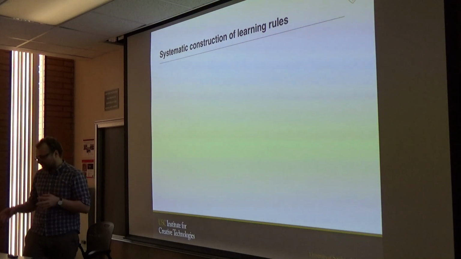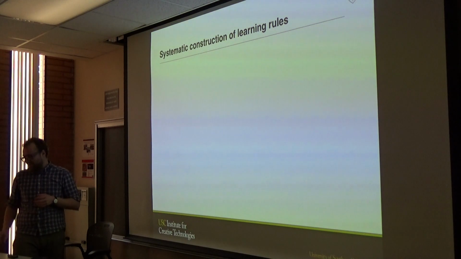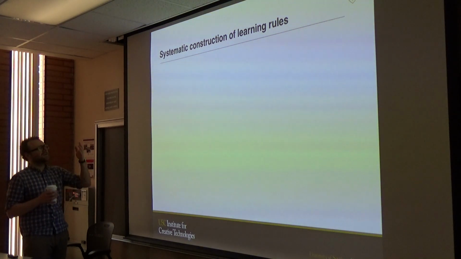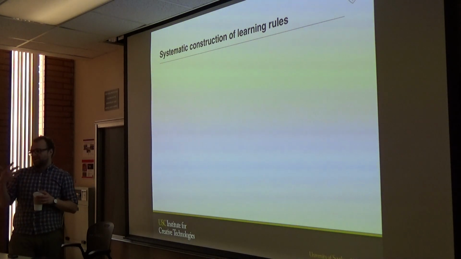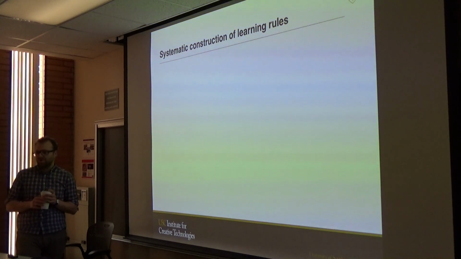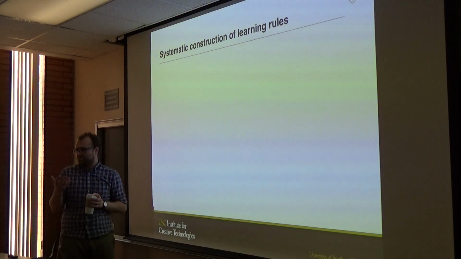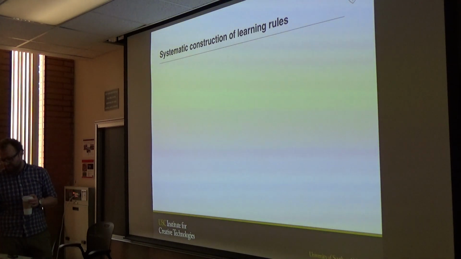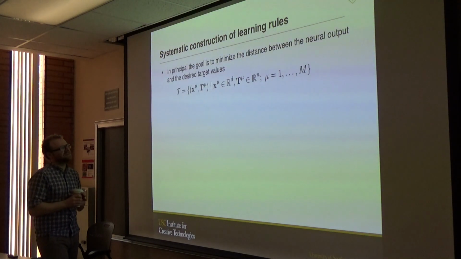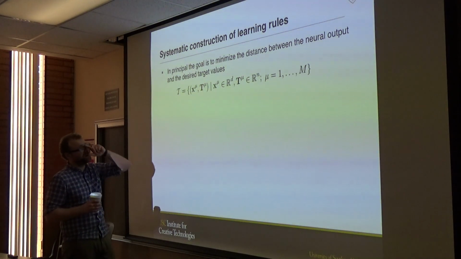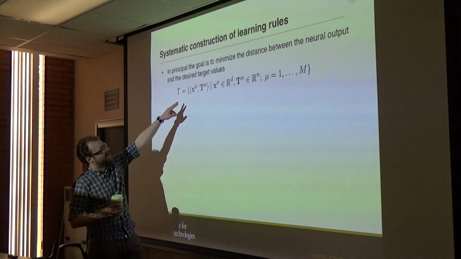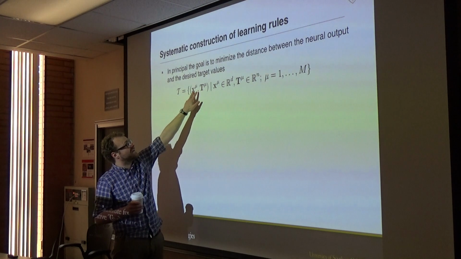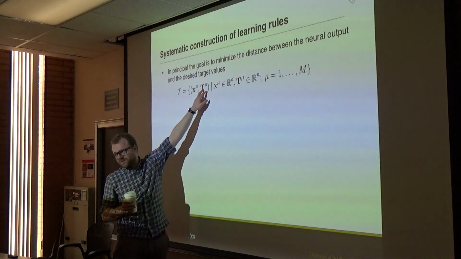So, we talked about this already, kind of: how do we systematically construct these learning rules? How do we come up with new delta rules, right? They all look very similar, in fact. Basically, we have our training set, which is defined by tuples of input vectors and target vectors.